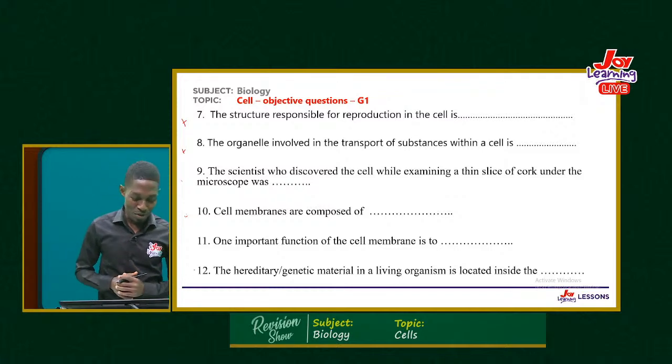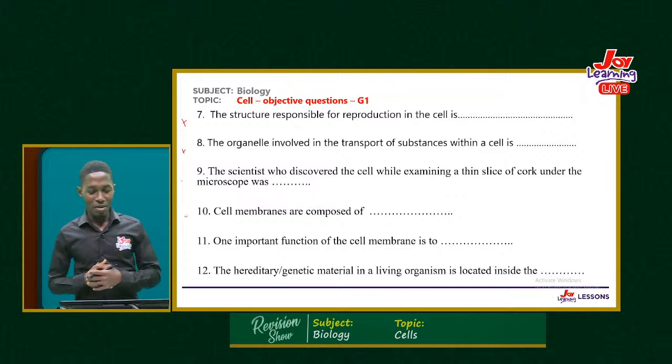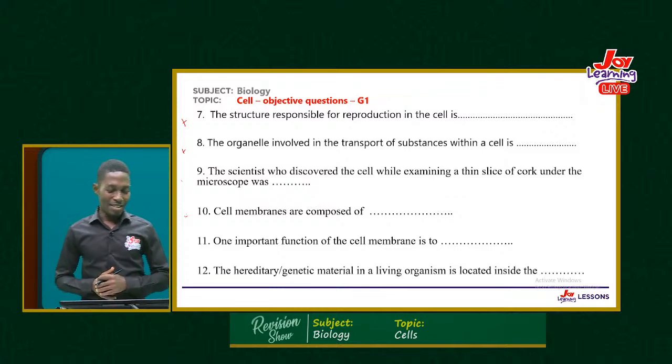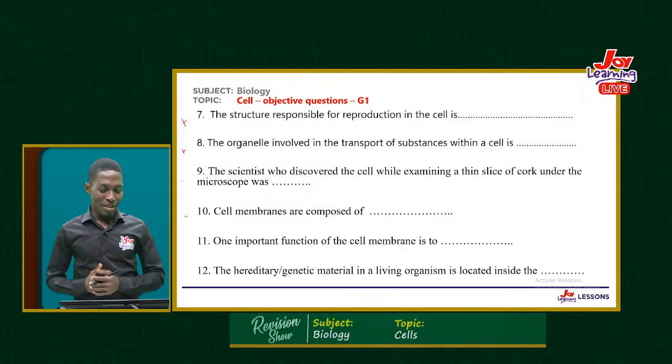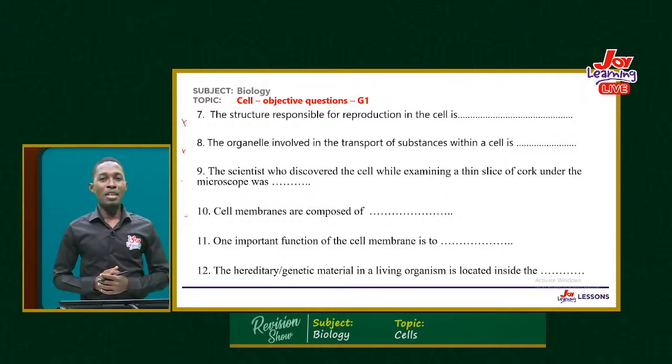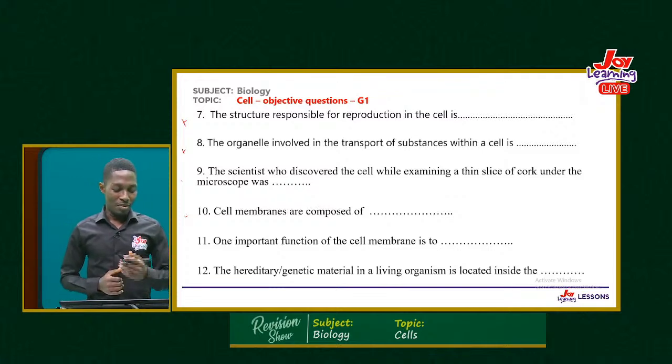And then question 12. The hereditary genetic material in a living organism is located in which of the organelles? In the nucleus. Well done, well done. You did your best, you got some correct and some you tried your best. Okay. Let's wait for your other colleagues to also call in.